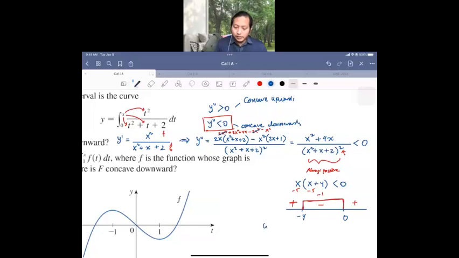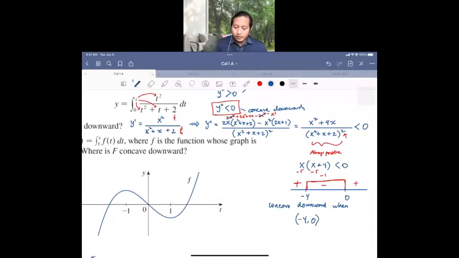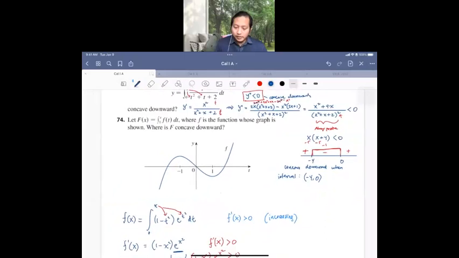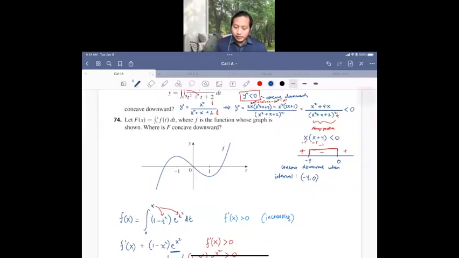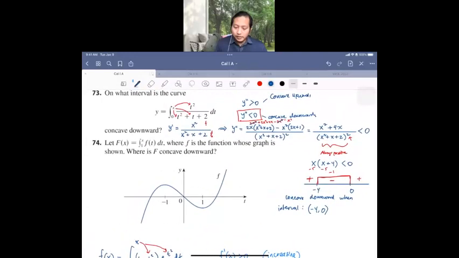So concave downwards when the interval is from negative 4 to 0. I think it's also easy to understand, right? Okay.